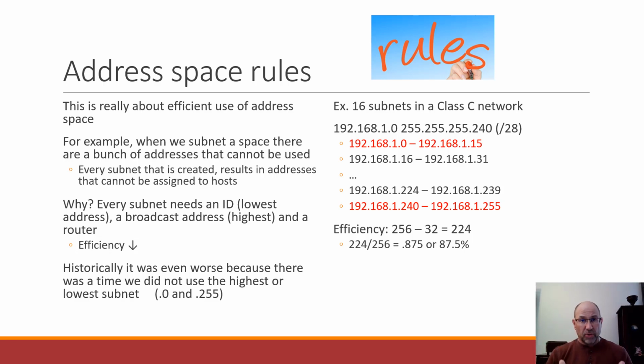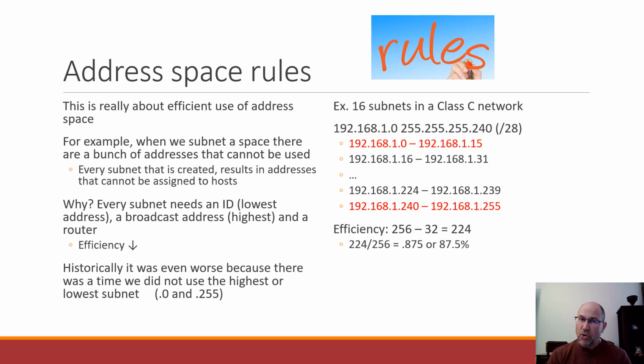We already know that when we have a regular classful network, one of those addresses is for the network ID, and one of those addresses is for the directed broadcast at that particular network space. So there's already 2 addresses that you can't use. That's why we always say that the usable address space in a network is the possible address space minus 2.